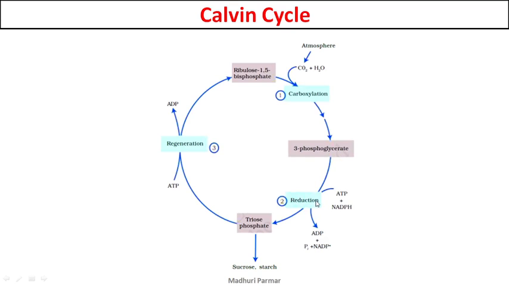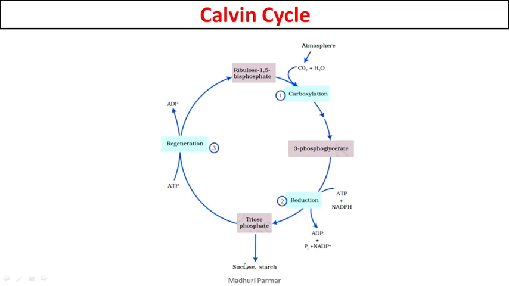After reduction, you have now 3-phosphoglyceraldehyde, PGAL. So, two molecules of PGAL will go and make sucrose, starch, glucose, fructose, all of the sugars. First of all, of course, it will make glucose. Some of the glucose will be converted into fructose. Then glucose plus fructose will make a disaccharide, which is sucrose.